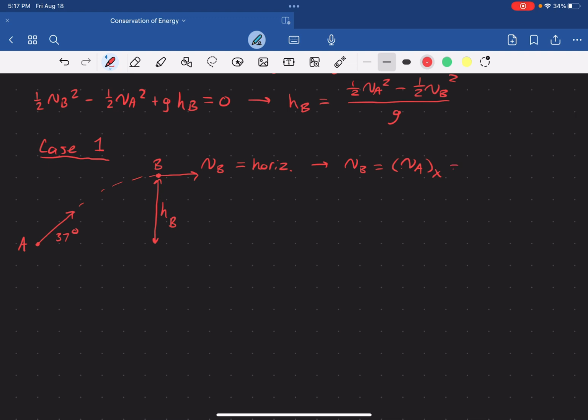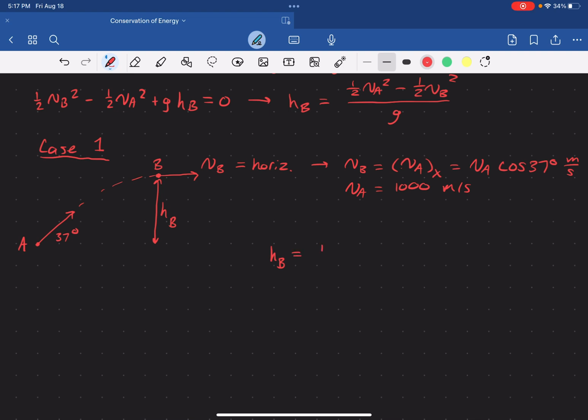And the x component of VA is equal to the magnitude of the velocity times the cosine of the angle. And VA is simply 1,000 meters per second. Now we have everything we need to solve for our height.